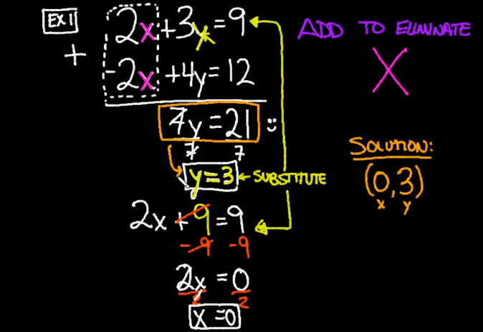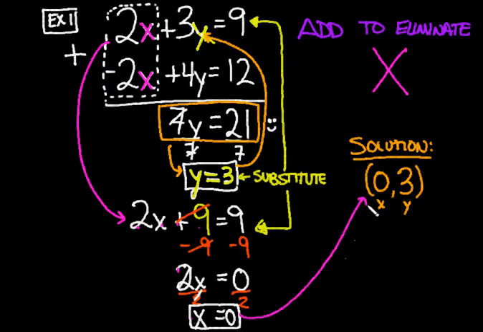Once we knew that y equaled 3, we substituted it back into the equation and just rewrote it as this one. So 2x's plus 3 times 3 was 9, equals 9. And then we solved this one. Two-step, we got our x equals 0, and we filled that in to our solution.